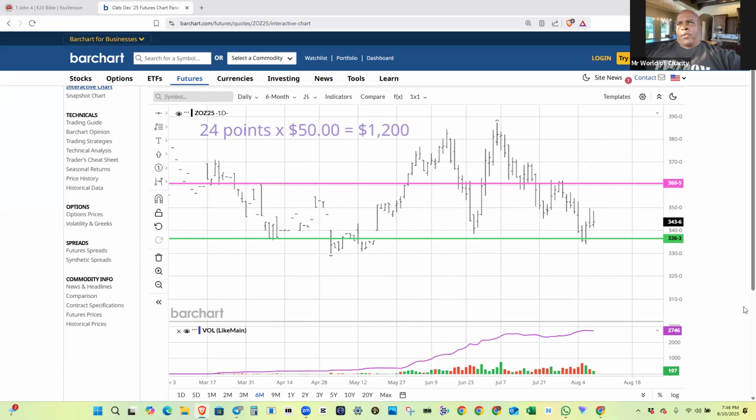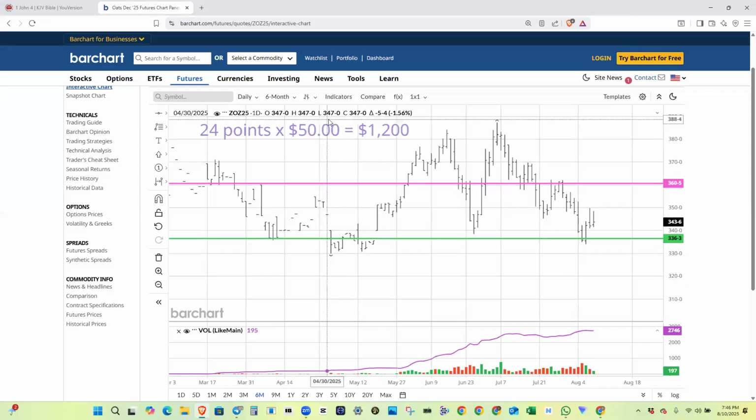That was real nice. She got in at 360 and it traded down to 336. Let's qualify this. She sold a contract at 360. So she sold high.